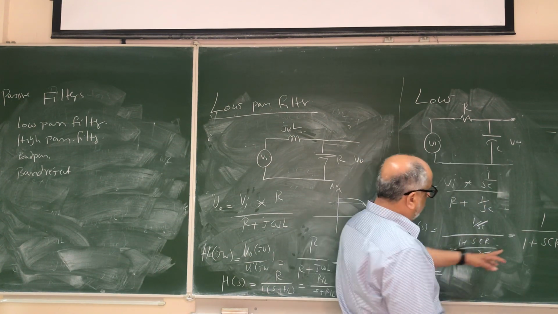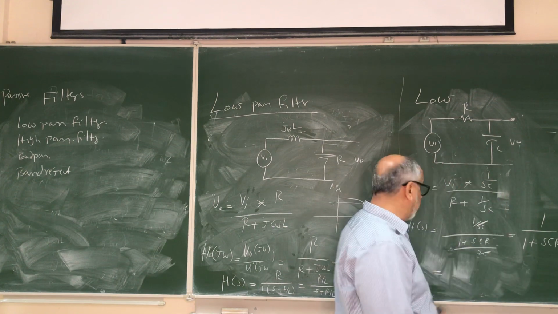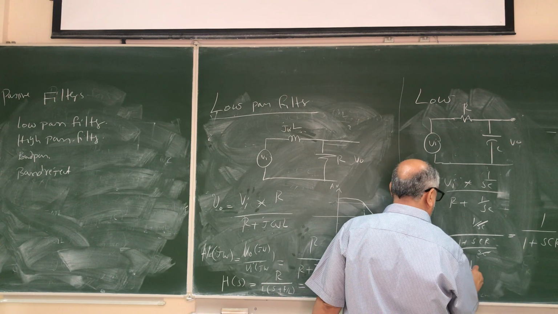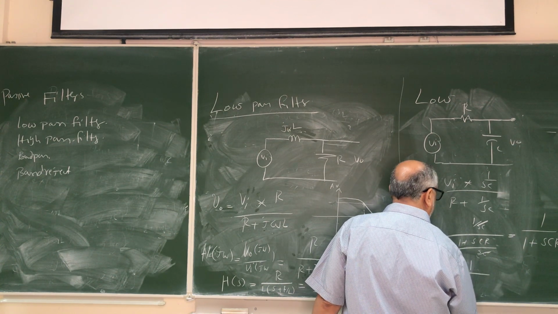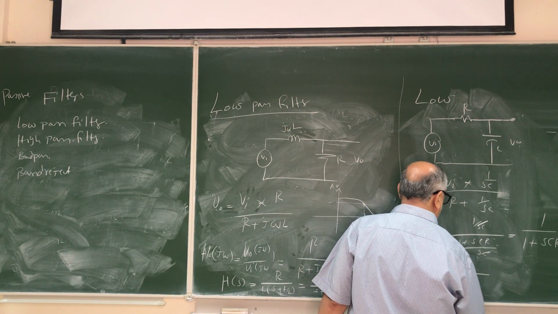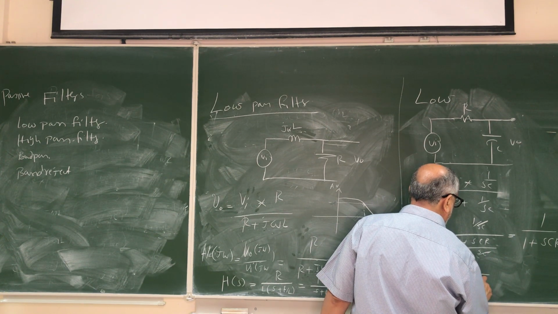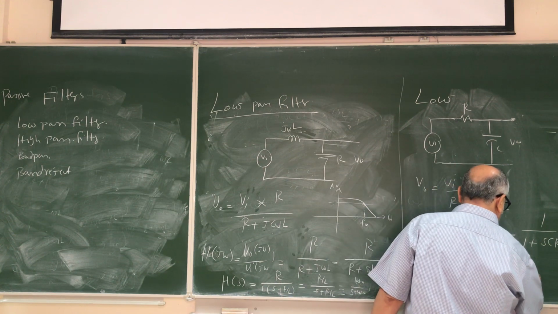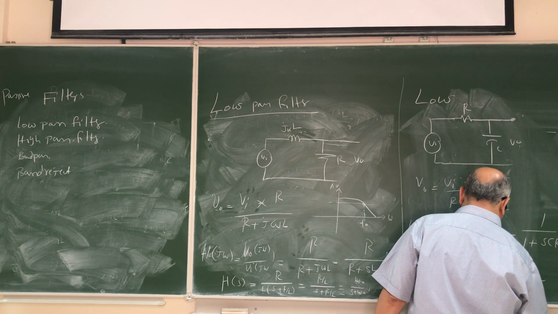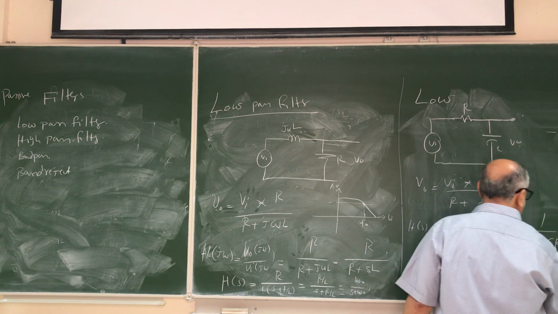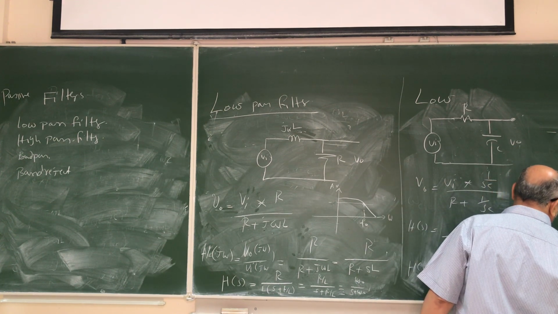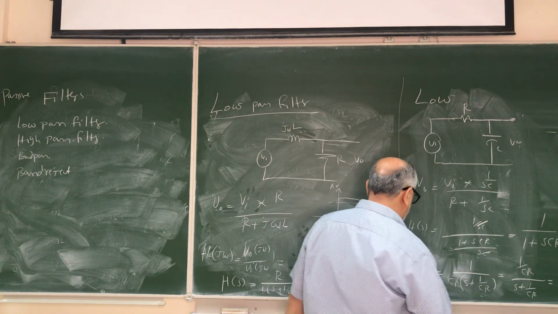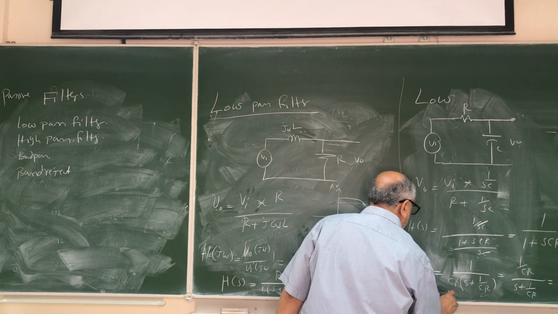Again, this is not standard form, so we have to make the coefficient of S equal to 1, then we say H of S is equal to 1 divided by CR as a common factor, S plus 1 over CR. Then this can be written as 1 over CR over S plus 1 over CR. And this is the same, it is omega naught over S plus omega naught. So in this case, omega naught is 1 over CR.